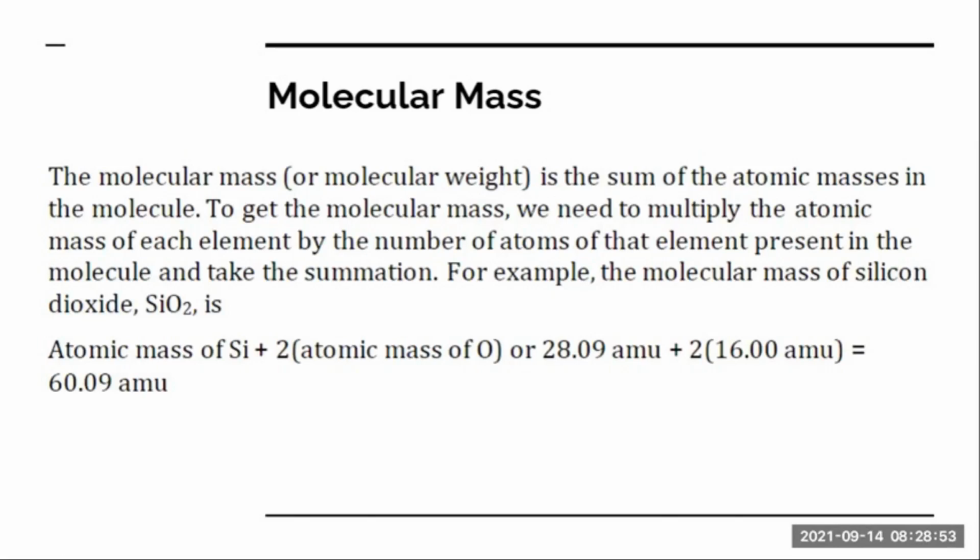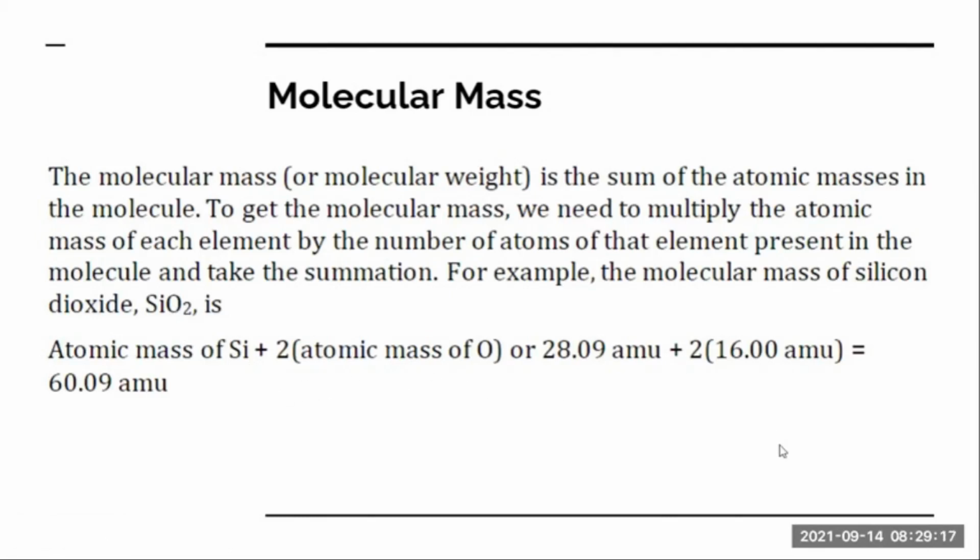For example, the molecular mass of silicon dioxide or SiO2 is, okay, so in SiO2 we have 1 silicon atom and then 2 oxygen atoms. Okay, so silicon plus 2 oxygen.